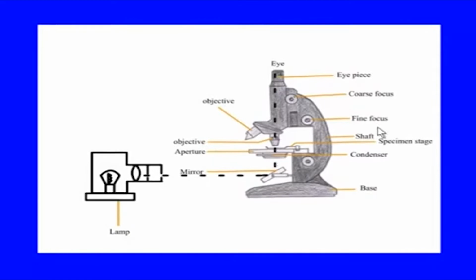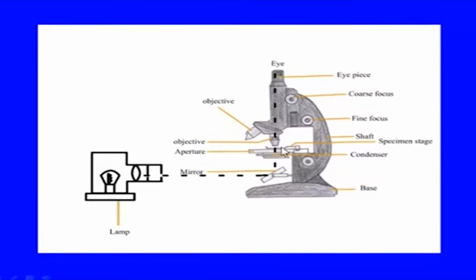The object which is illuminated here, at the specimen stage, is illuminated by the light from the condenser, and the light from the specimen will pass on to the objective lens. Now, there will be two kinds of light here, one which is not altered by the specimen, and another which is altered by the specimen.